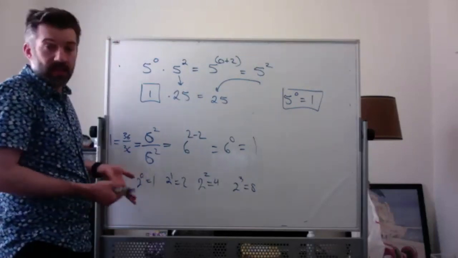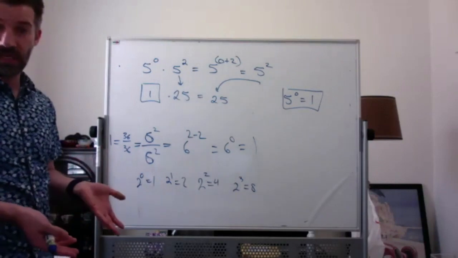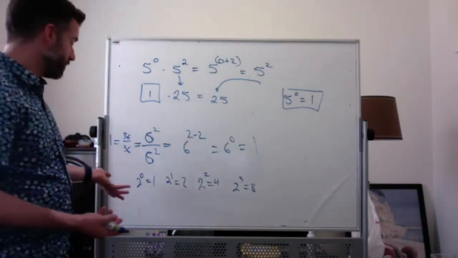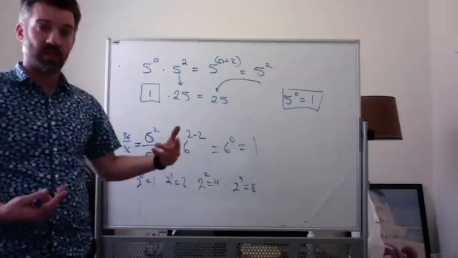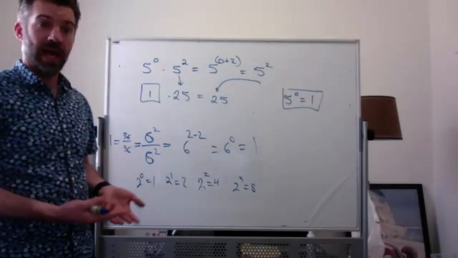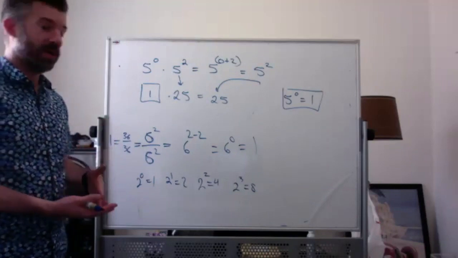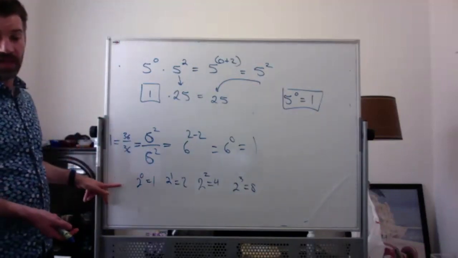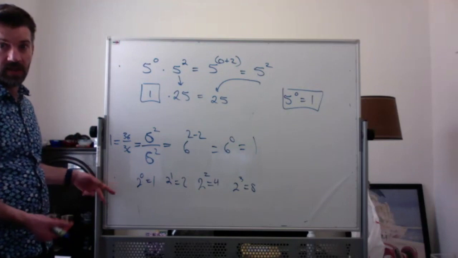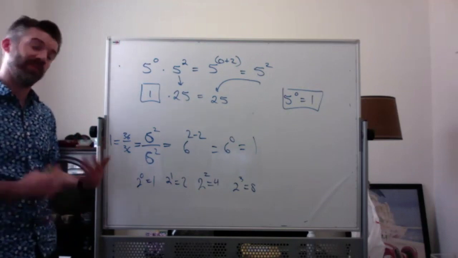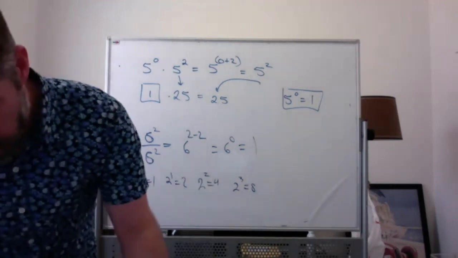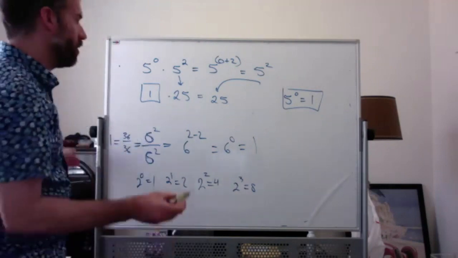And that is also an equally good way of seeing it. In fact, powers of 2, as you increase the power of 2, you just keep multiplying by 2. As you decrease the power of 2 by an integer, you just keep dividing by 2. So we'll see in a second here that 2 to the negative 1 is 1/2. And 2 to the negative 2 is 1/2 of that, which is 1/4, and so on.